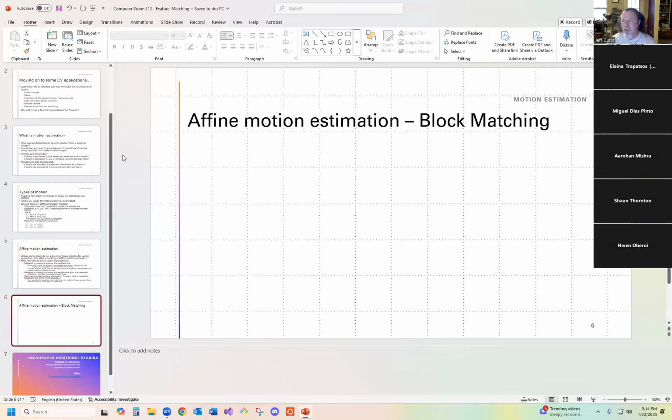Now, you don't always have to do it this way. This is sort of the standard out of the box, where I want to take my block in my first image and compare it to every block in my second image, in my frame two. So I don't have red, but I have pink, I guess.